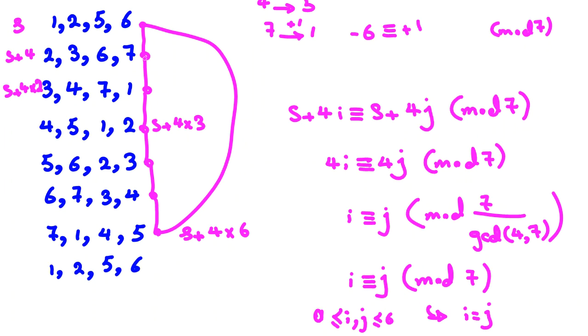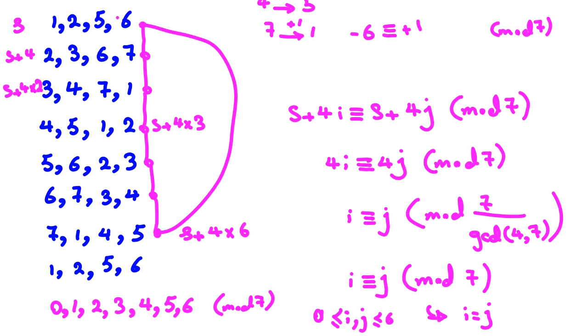And we understand all members here have different remainders when divided by 7. And how many members are there? 7 members. So, because we have 7 members and all remainders are different, one of them is 0, one of them 1, one of them 2, mod 7, one of them 3, one of them 4, one of them 5, 6. So we have all remainders once.